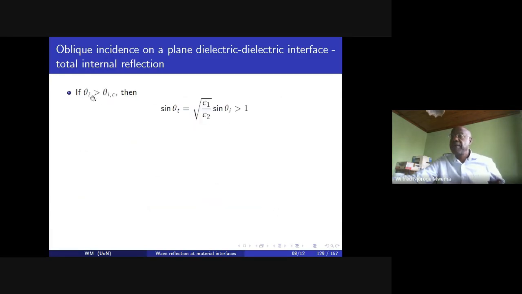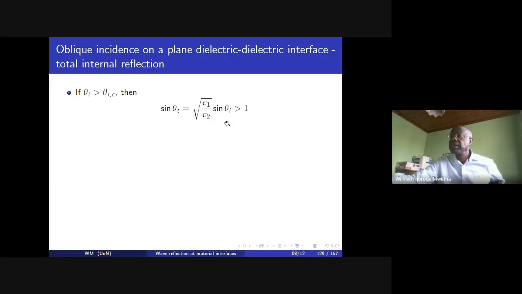If theta I was greater than theta IC, then we would expect that sine theta t will be given by the root of epsilon 1 by epsilon 2 sine theta I, and this is going to be greater than unity because epsilon 1 is greater than epsilon 2.